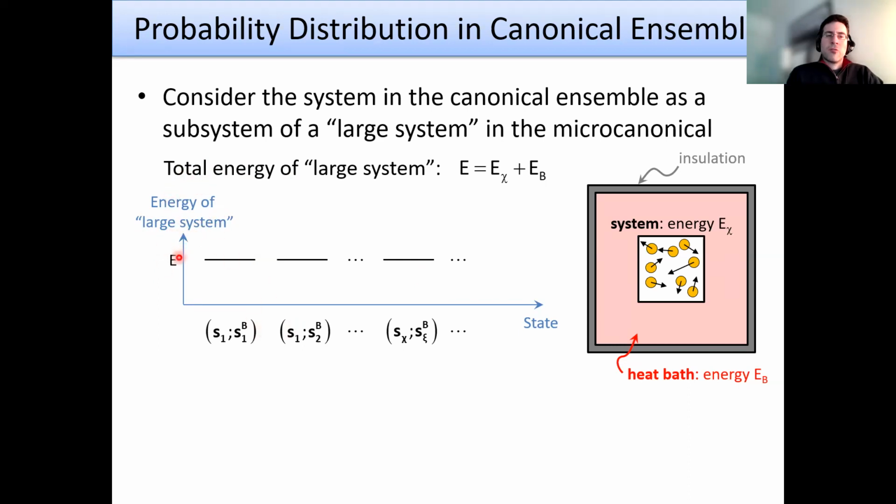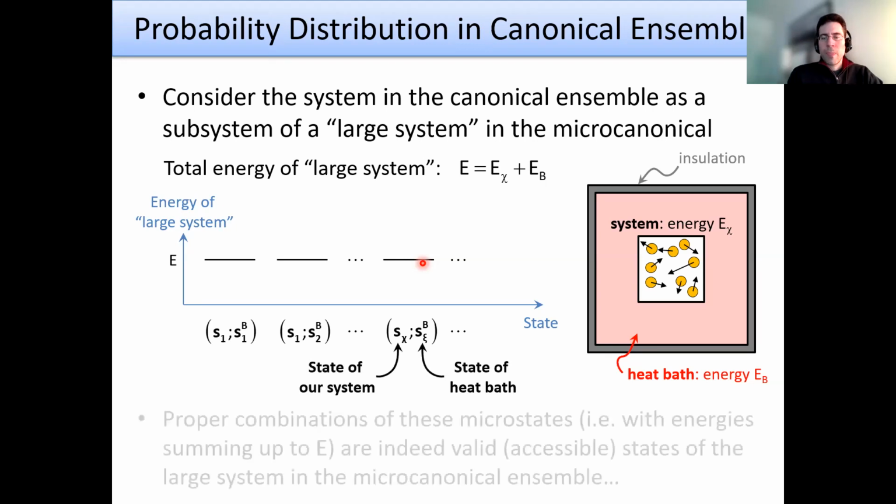Then we can talk about the energy states. The energy of the large system, that includes all of them, is constant. These are the states of the large system. How do I create these states? I put together the state of the small system and the state of the bath. So the state of the small system may be S1, the state of the bath S1 bath or S2 bath, etc. I have combinations of states for the small system and the bath, and all of them have the same combined energy.